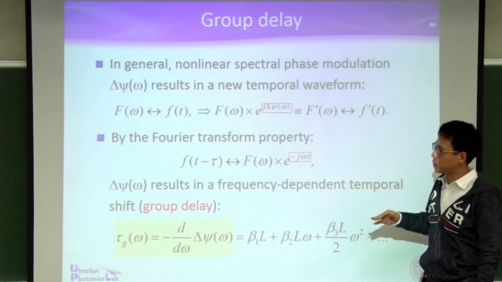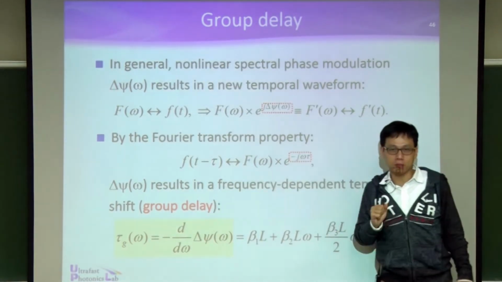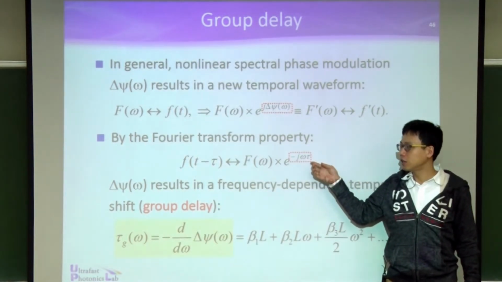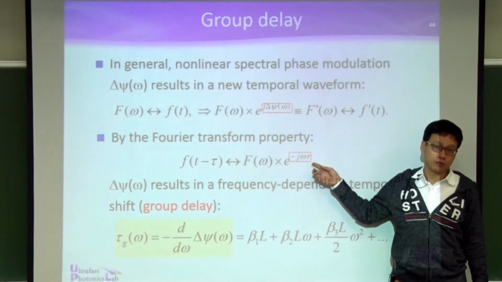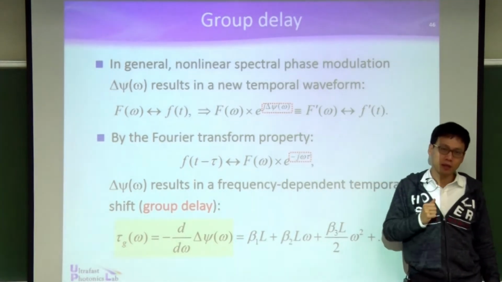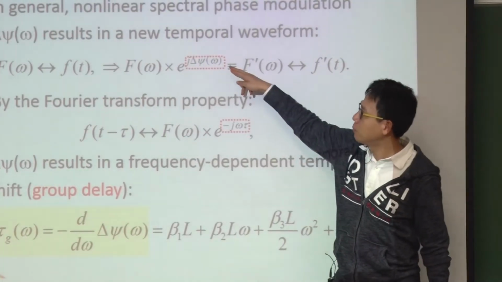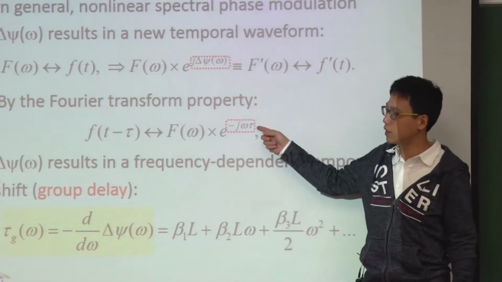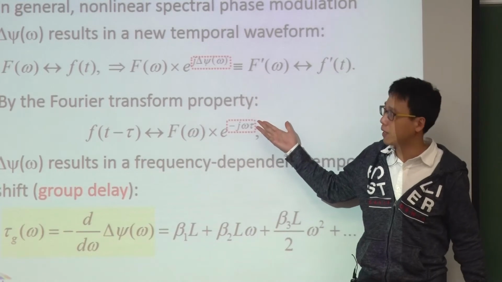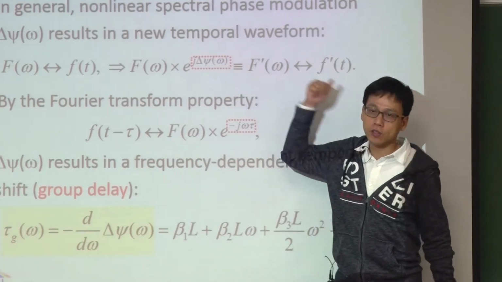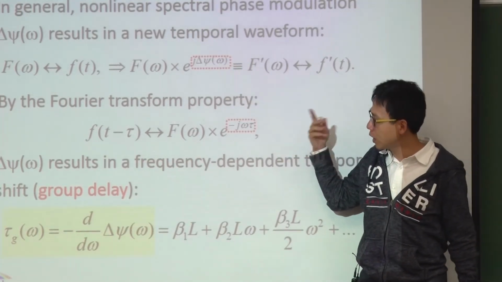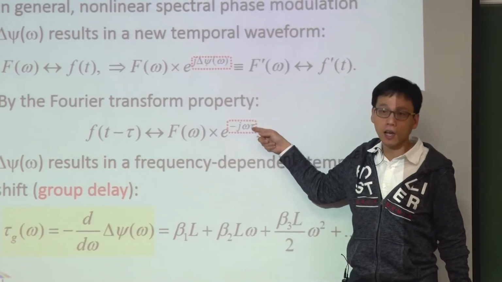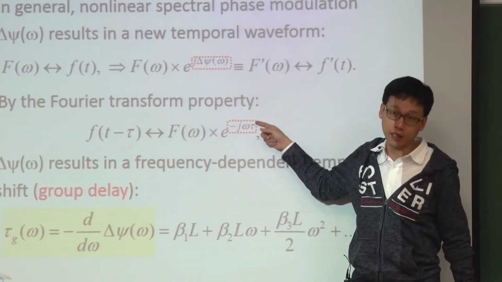Fourier transform property. A shift in the time domain means a linear spectral phase modulation function in the frequency domain. Now, my phase modulation is in general a nonlinear function, not a linear function. But it doesn't matter. Just performing first order derivative, you should be able to get something like tau, the time delay, right?